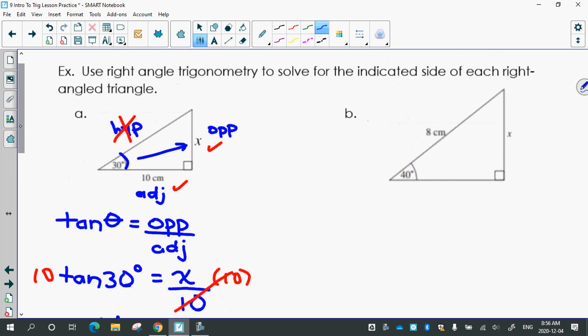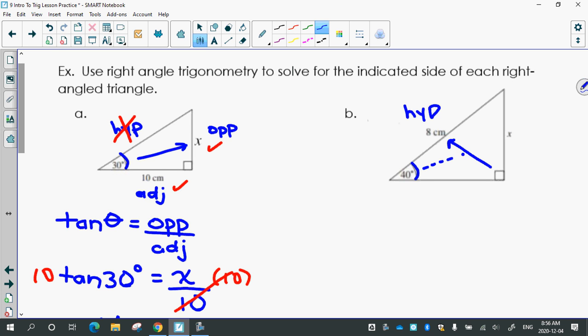So here's the angle that we're naming the sides by, 40 degrees. So name the three sides by the 40-degree angle. Okay, so I saw lots of people putting height on this side.